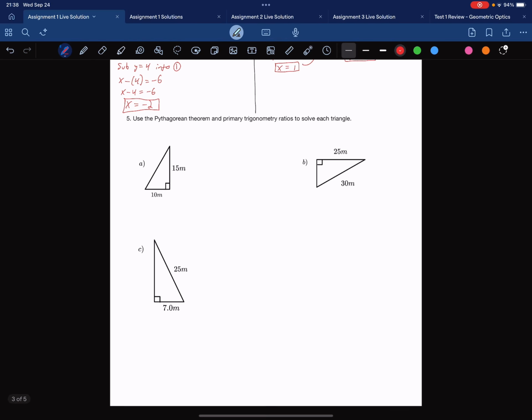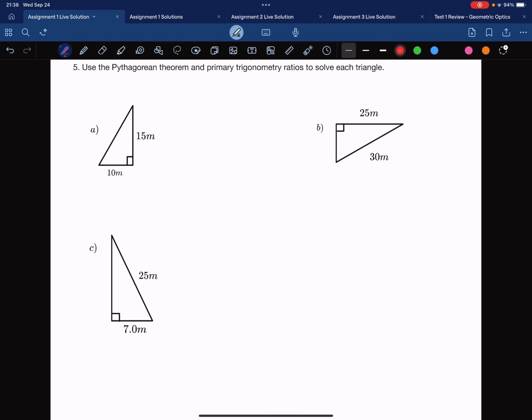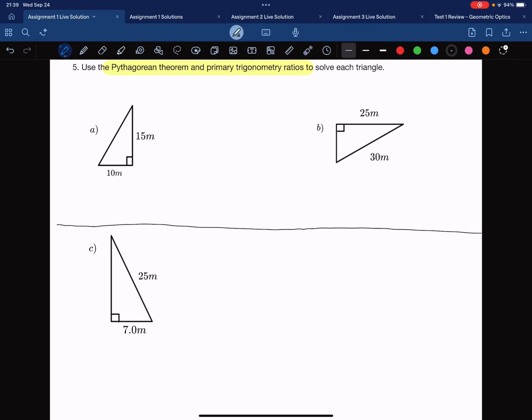Now, question 5. Use the Pythagorean theorem and primary trigonometric ratios to solve each triangle. Now, to solve a triangle means to find every side length and every angle, not just using the Pythagorean theorem.